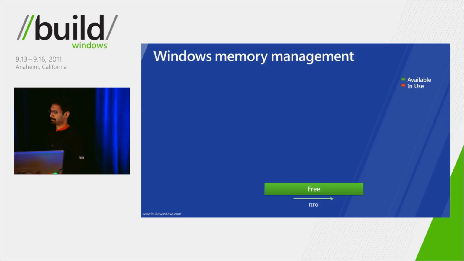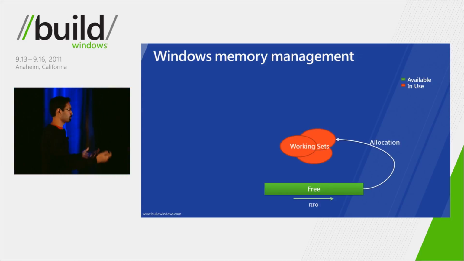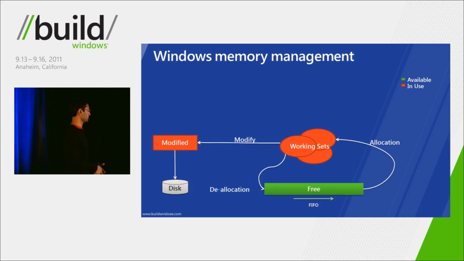All of memory is free. You launch Word, which means Word is going to allocate a few things, and you have Word's working set in physical memory. When Word deallocates something, it goes back to the free list. Pretty simple, right? Now you opened up a doc and modified something on it, and that goes to the modified list, which eventually gets written out to disk.